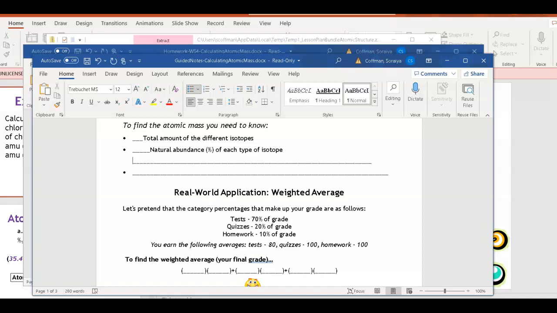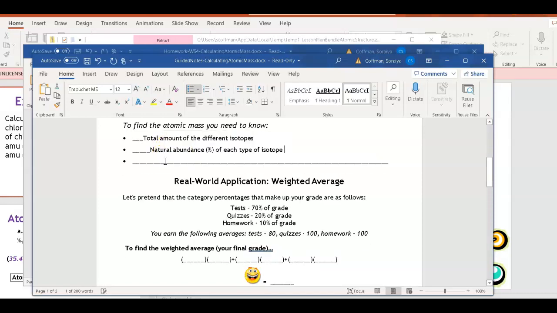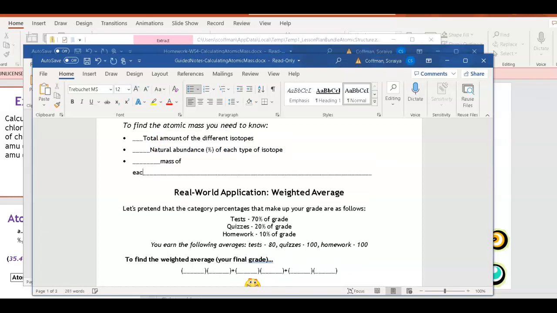And the third thing is we need to have the mass of each type of isotope.